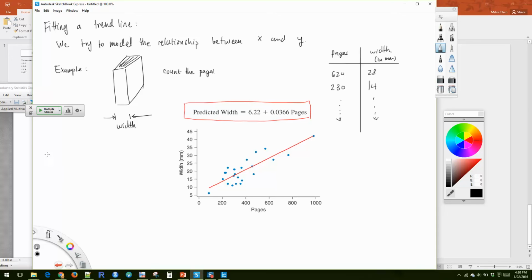The y variable is going to be width, and our x variable is the number of pages, okay? So instead of saying y is equal to mx plus b, we actually write it this way. We write y is equal to the intercept plus the slope times x.